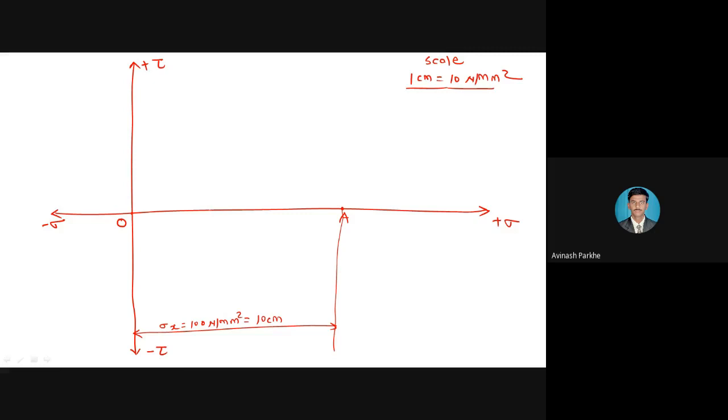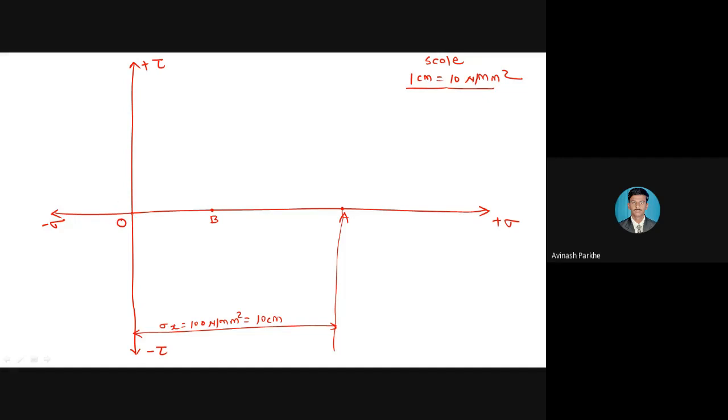Similarly, locate the location of point B. It represents 4 centimeter distance from the origin point O. That means we have to represent the location of point B, that is the sigma y value. It is having 40 Newton per mm square, that is 4 centimeter.